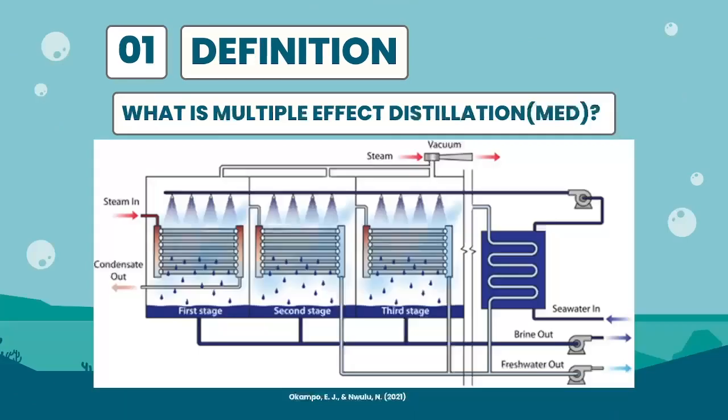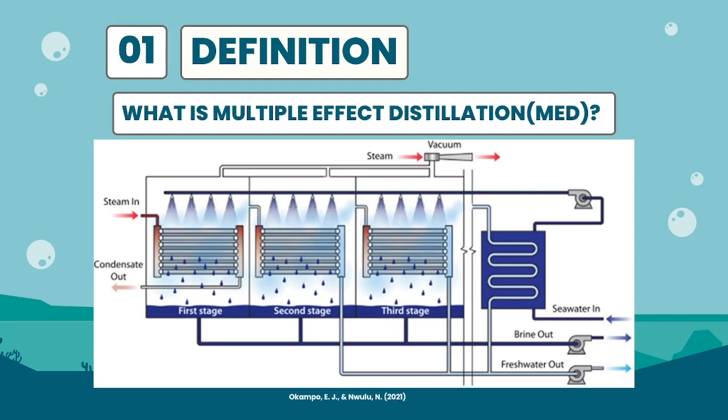A perfect example of thermal desalination would be multiple effects distillation. Multiple effects distillation, just like in its name, utilizes the process known as distillation. Distillation is a process where you take impure water and boil it down so that it produces steam that can then be condensed to form water.